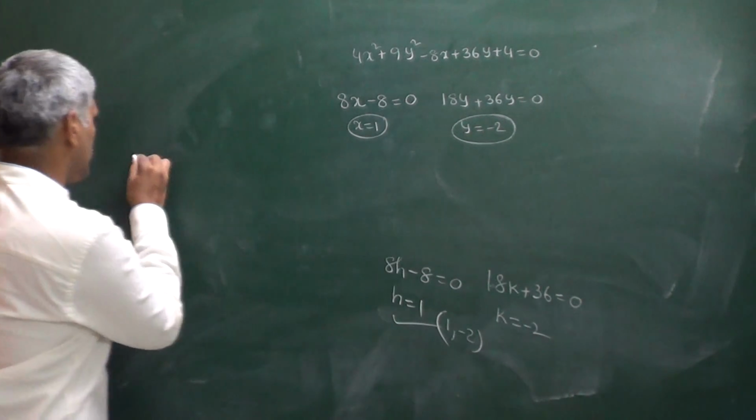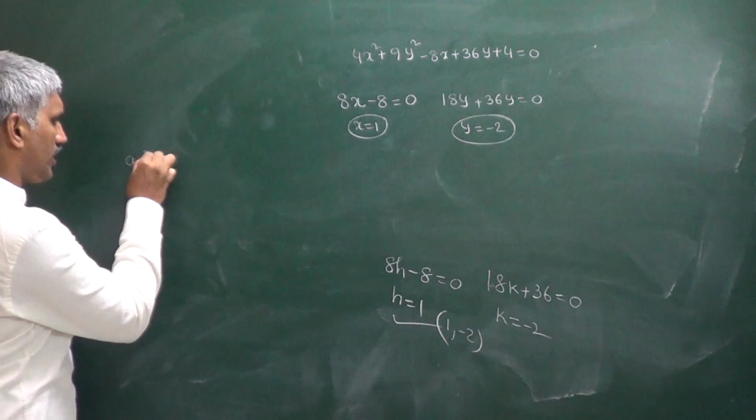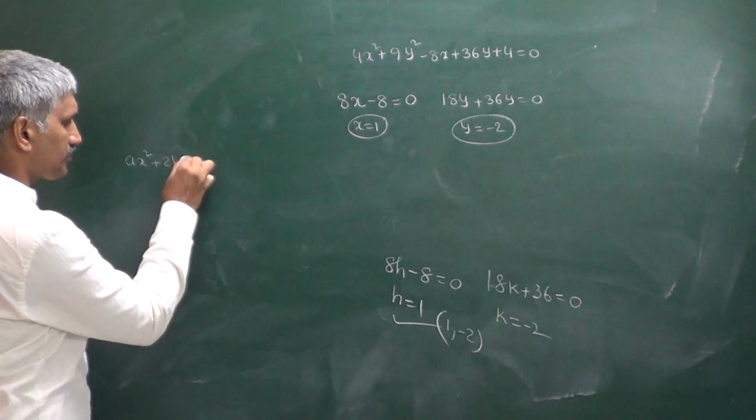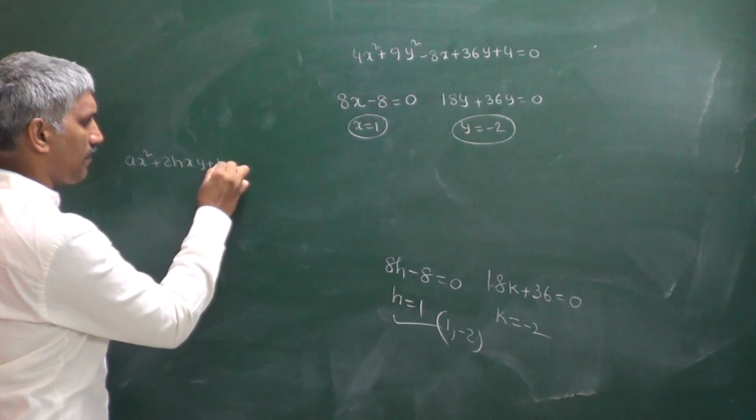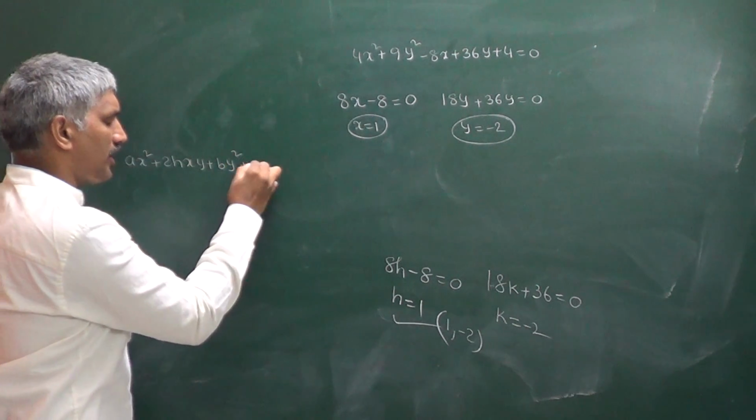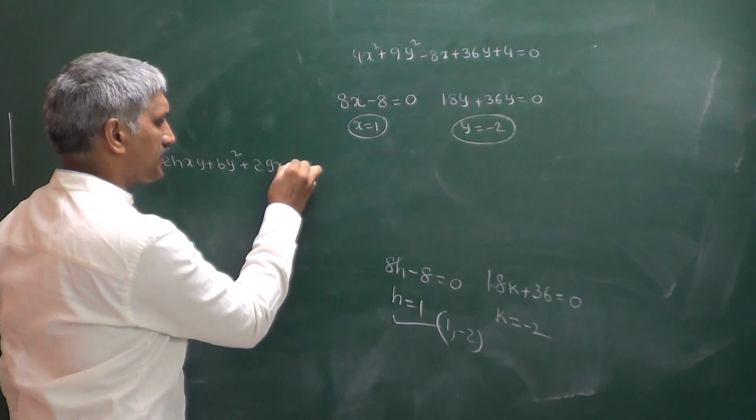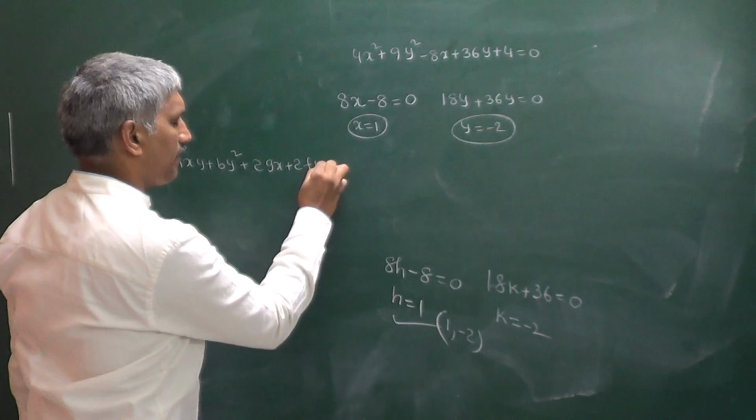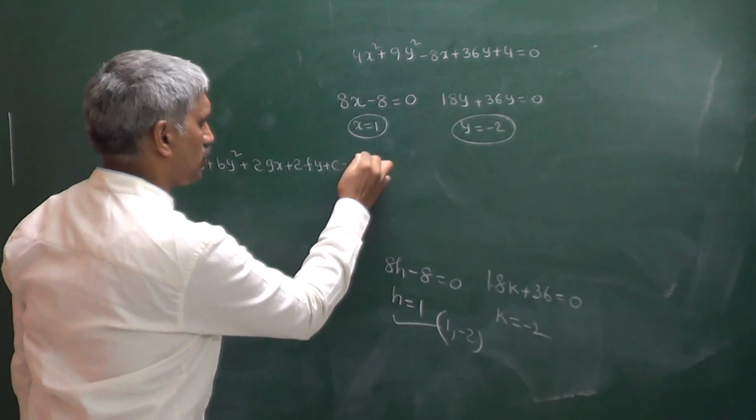Suppose this is the question, you can observe ax square plus 2hxy plus by square plus 2gx plus 2fy plus c is equal to 0.